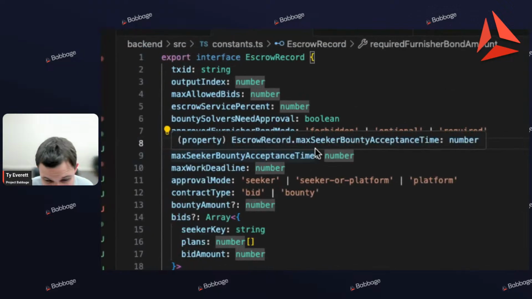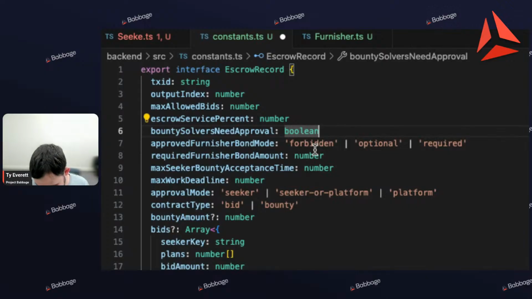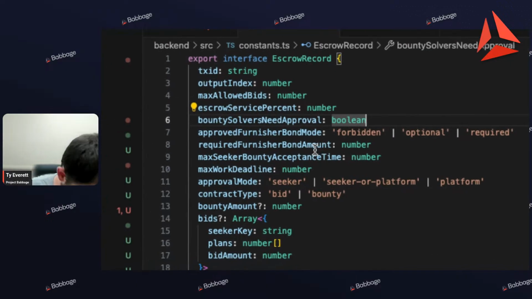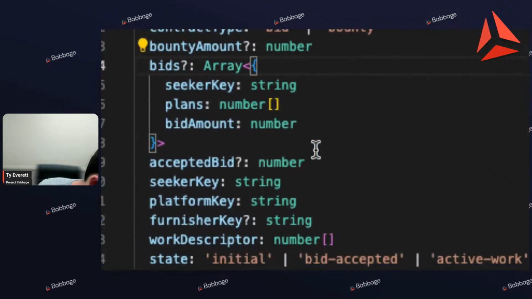As a seeker of services, if I accept you to work on my thing, and if you don't post your bond and start working after I accept your bid by a certain amount of time, like within a few days, depending on what you're doing, could be a few seconds. Well then I'll pick somebody else. So time. So there's got to be already one time value in here. Where was that?